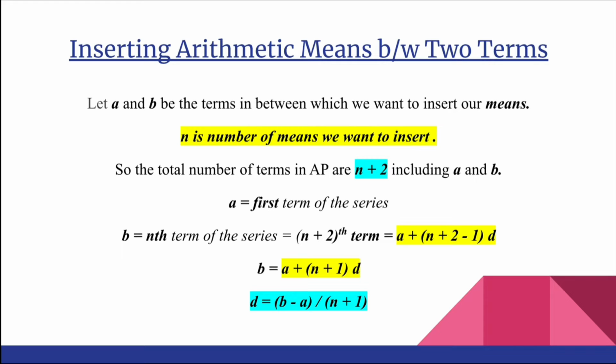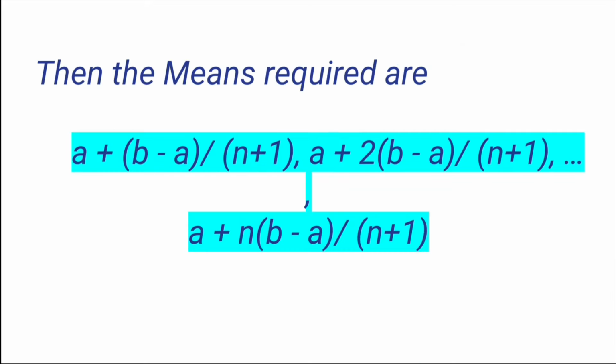Now this is the common difference, we do not have any arithmetical means yet. When you want to know the arithmetical means, you will use this formula: a plus b minus a upon n plus 1 will be the first arithmetical mean, and the second mean will be a plus 2 times b minus a upon n plus 1. This will be the second arithmetical mean.